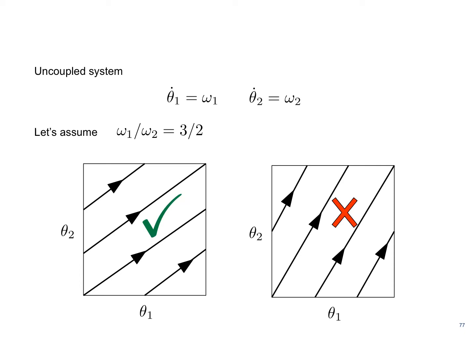Then again, this is the square that is winning. You can see that in this case the oscillator completes 3 circuits while this one completes 2. And if you go in here, you say this is 1 time, then 2 times, and then 3 times.